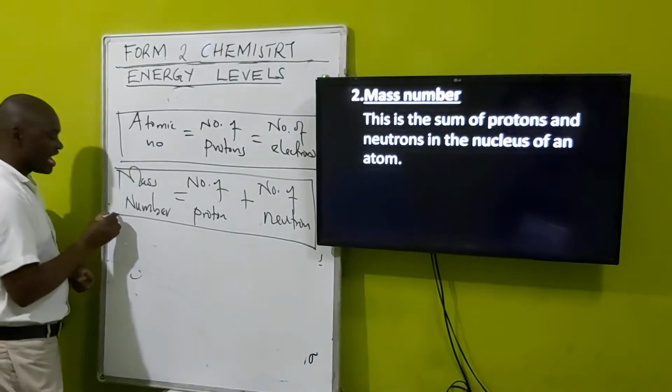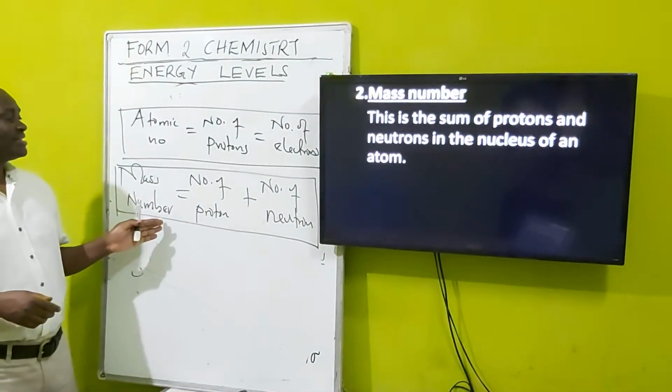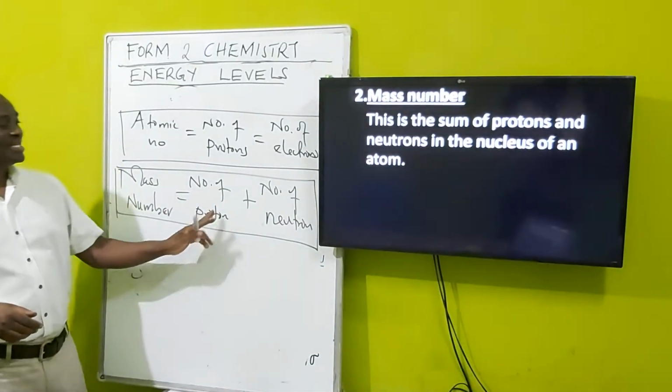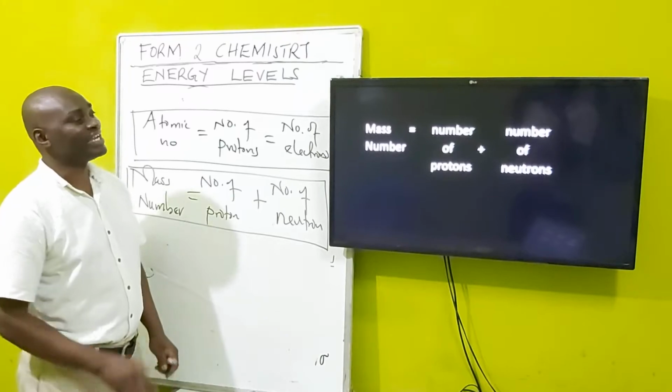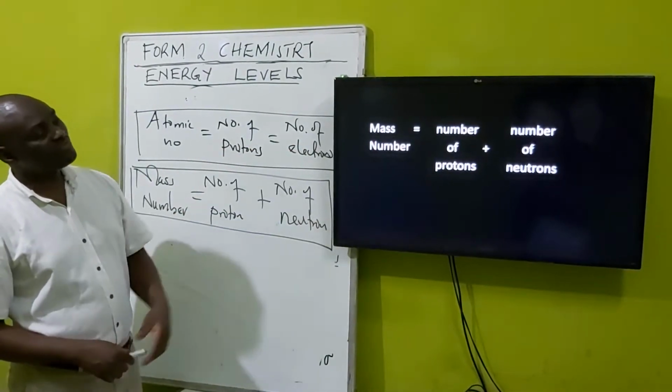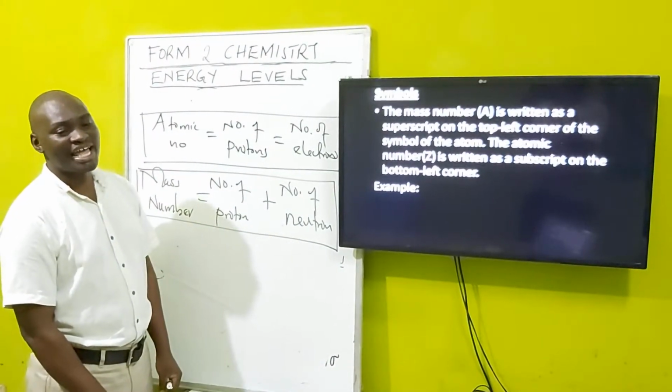So the mass number is defined as the sum of protons and neutrons in the nucleus of an element.